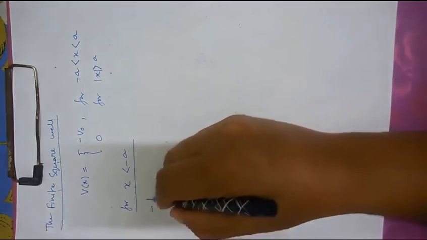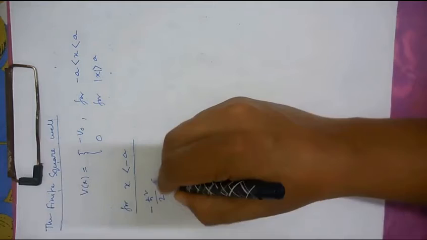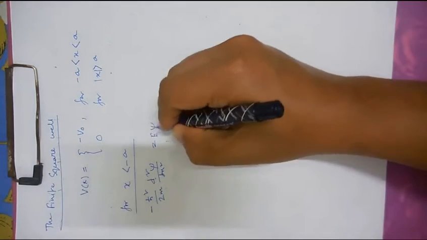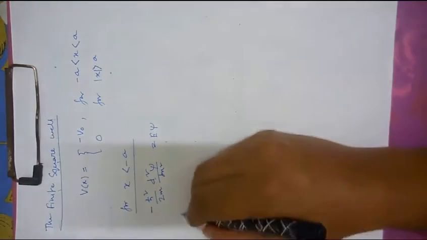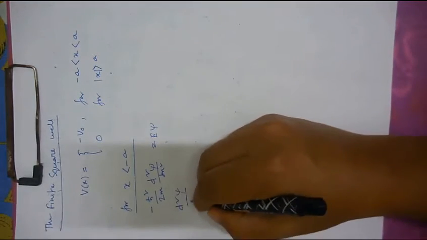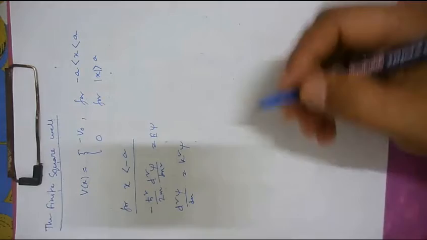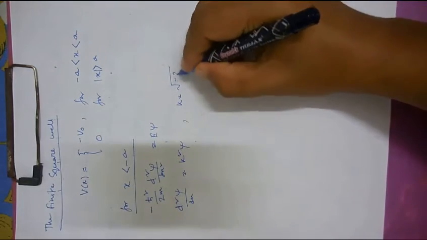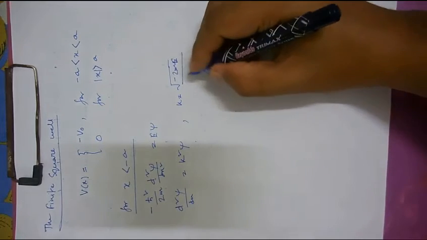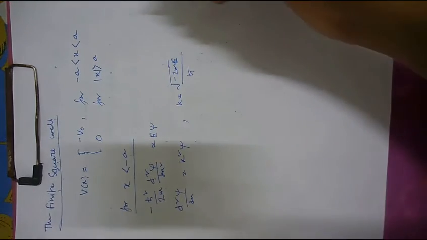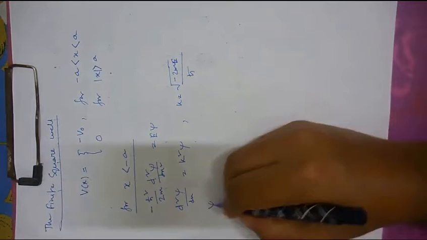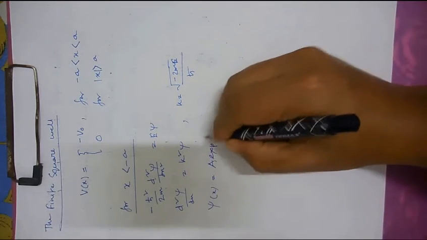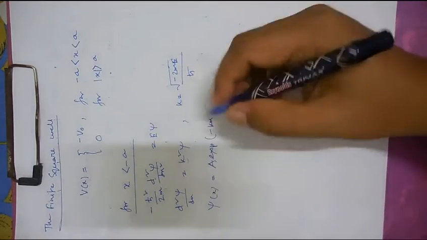So the Schrödinger equation becomes d squared psi dx squared equals k squared psi, where k equals the square root of minus 2mE over h bar squared.